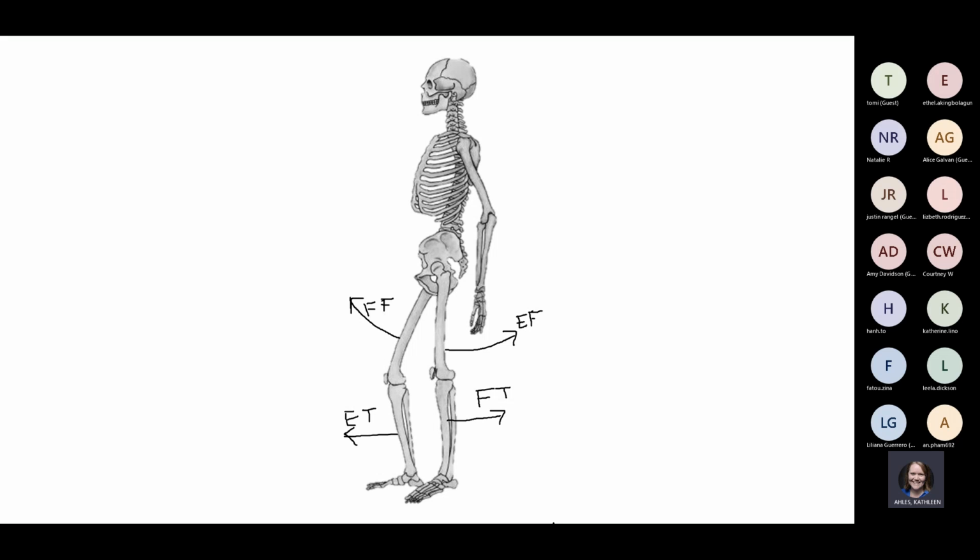So kicking the ball is flexing your thigh and extending the lower part called the leg, or extending the tibia. That is correct, Courtney. Yep. So when I kick a ball, I flex my thigh and I extend the tibia. Absolutely correct.